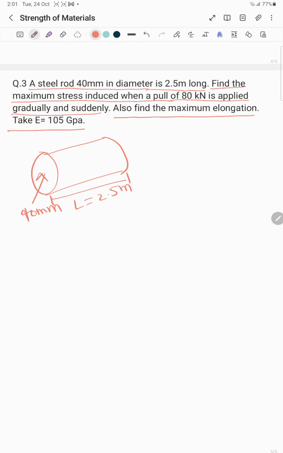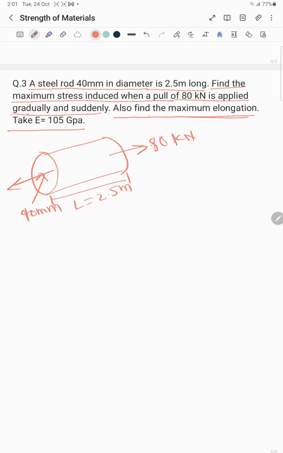Find the maximum stress induced when a pull of 80 kilonewton is applied, gradually and suddenly. So here we have two conditions, gradually applied load and suddenly applied load. And also find the maximum elongation.